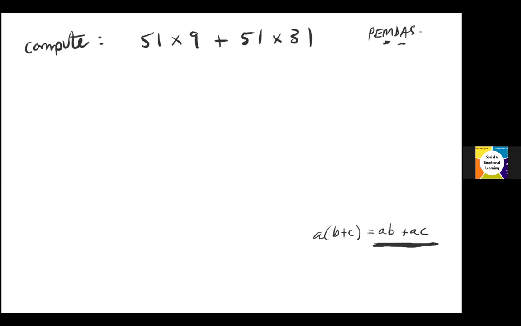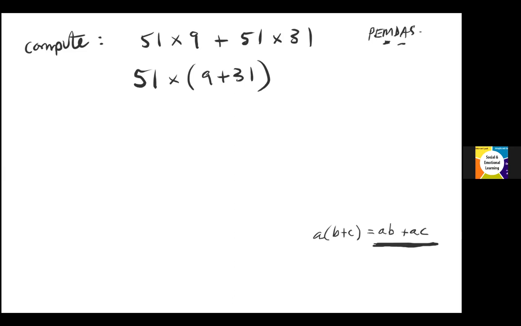What did you rearrange? 31 and 9. So you wrote this out then as 51 times (9 plus 31), right? Yes.